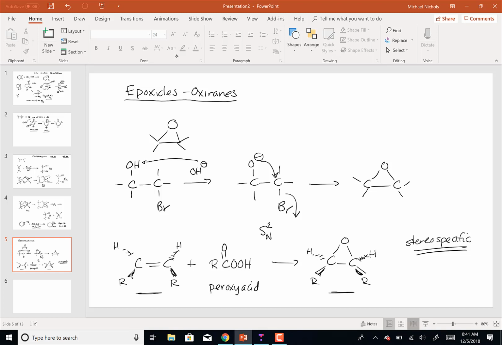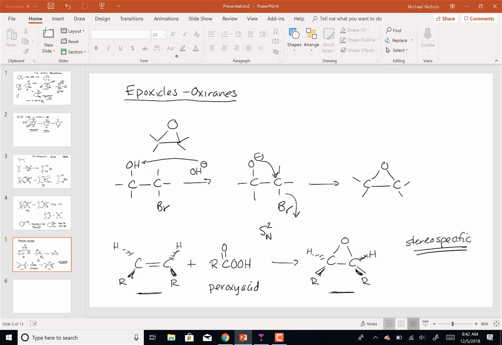Now, it doesn't always mean that the stereochemistry is preserved, because we actually know another stereospecific reaction, SN2. If I take an R chiral center and I do an SN2 reaction on it, what's my product? It's inversion, so if I start with R, I end with S. If I change that R to S, what happens to the product?